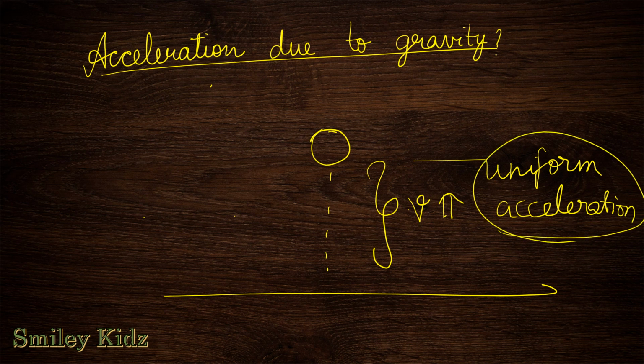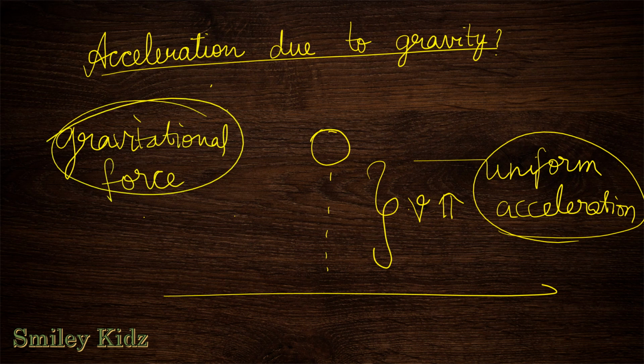It is produced by the gravitational pull of the earth. And such acceleration that is produced on a freely falling body due to the gravitational force of the earth is known as acceleration due to gravity. Acceleration due to gravity is denoted by small letter g.